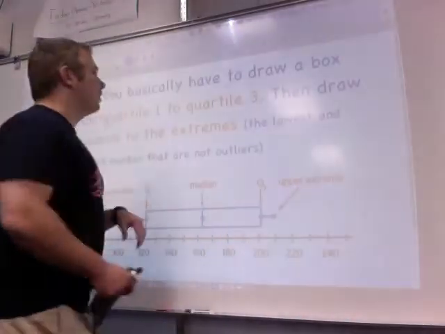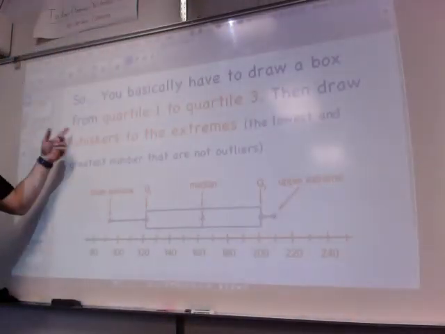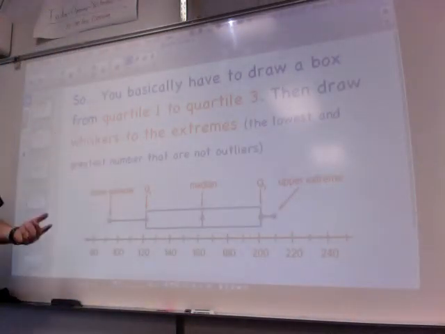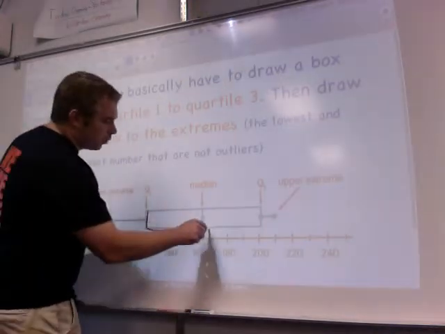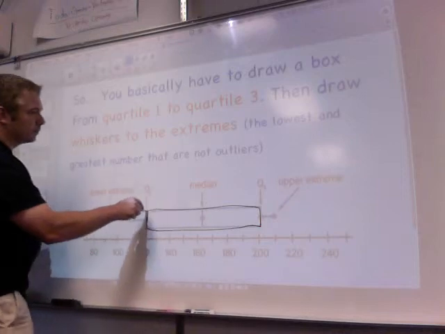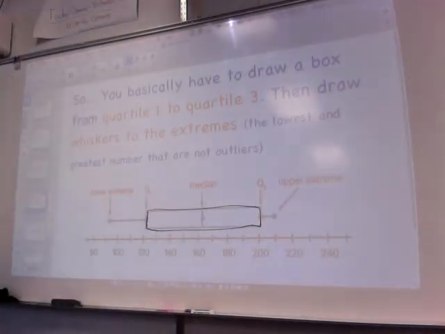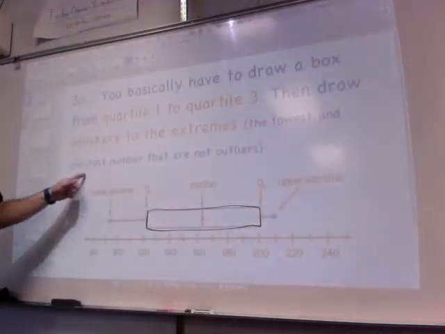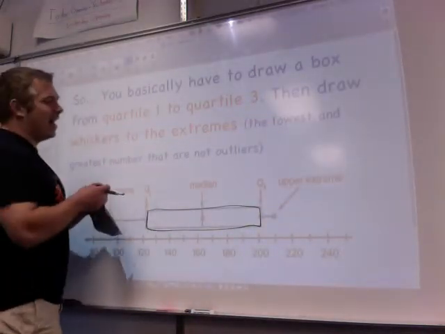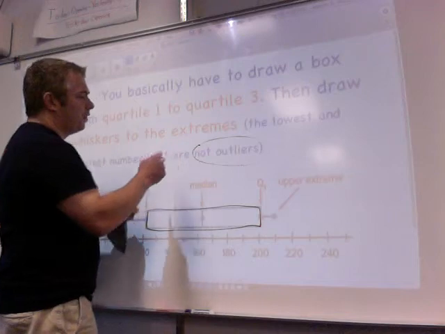So you basically have to draw a box from quartile 1 to quartile 3. So there it is right here, quartile 1 to quartile 3. Then draw whiskers to the extremes, which are the lowest and greatest numbers that are not outliers. I can't stress that enough.